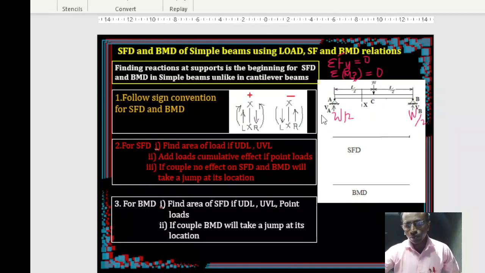When you are moving from left to right, the section is on your right side, so you are on the left of the section. When you are on the left of the section, upward forces are taken positive and downward forces negative. Similarly for bending moment, clockwise moments are negative when you are on the left of the section.